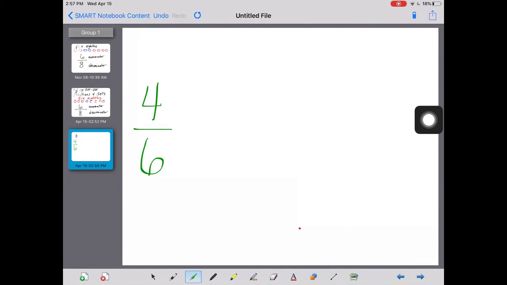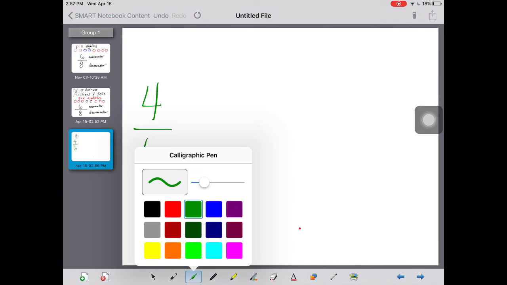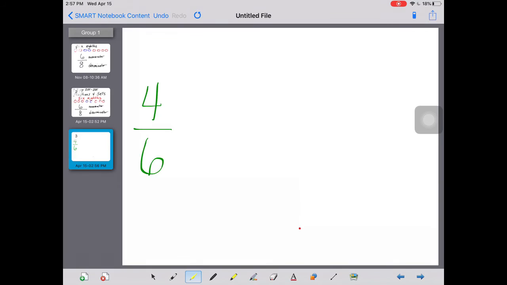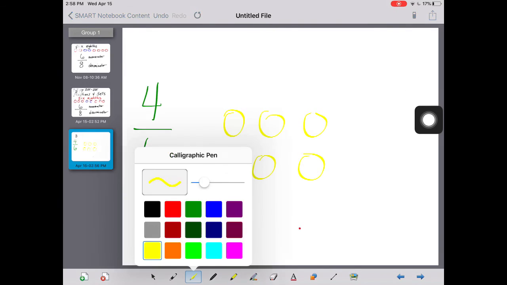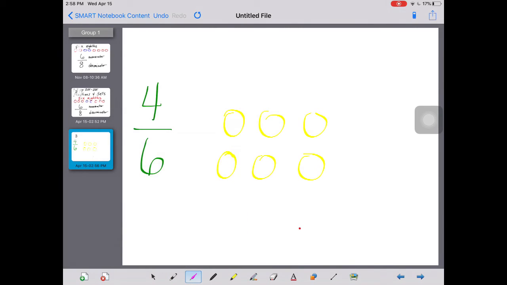And we're going to write them using counters. So I'm going to change mine to, let's do yellow counters. I need 6 of them. So I need 1, 2, 3, 4, 5, 6. So there's 6 counters in this group, and I need to somehow represent 4 of them. The numerator represents what we're describing. So maybe 4 of the counters are colored with purplish pink.